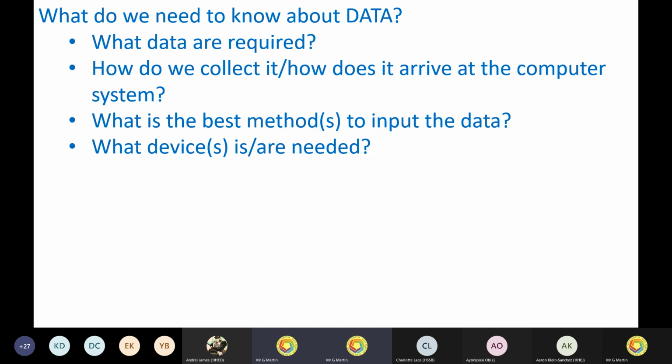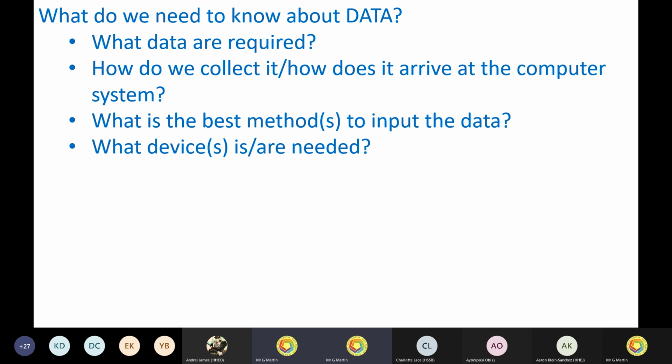So when you know what data are needed, then you can look, first of all, at how you collect it. How does it arrive at the computer system? Don't immediately think of how it's going to get into the computer system. You've actually got to think how it's going to get to the computer system itself. Then you can think about what the best method is to input the data, and only then can you look at the devices that are needed.